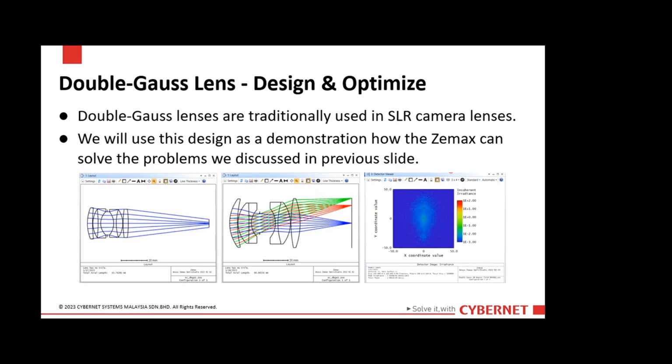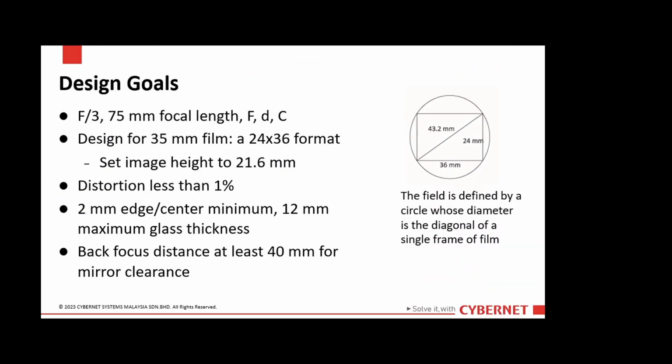Before I start, I will discuss the design specification. The F-number is 3 and the focal length is 75 mm. The wavelengths are red, blue, and green. The design is for 35 mm film, which is the 24 by 36 format, and the image height is 21.6.